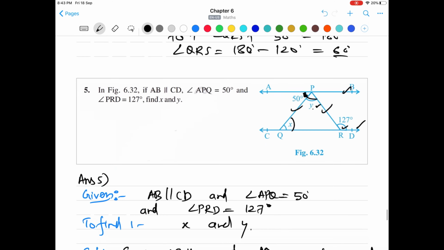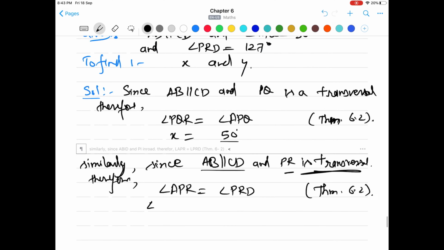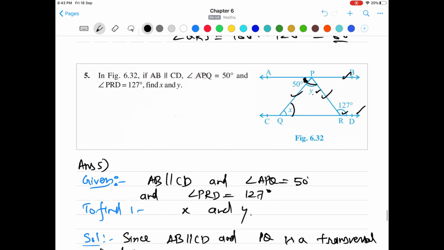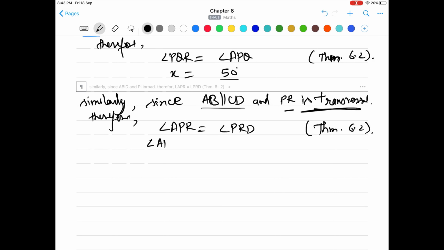So APR here is 50 plus... APR can be written as the sum of angle APQ and QPR. This can be written as APQ plus angle QPR, and PRD is given, which is 127.